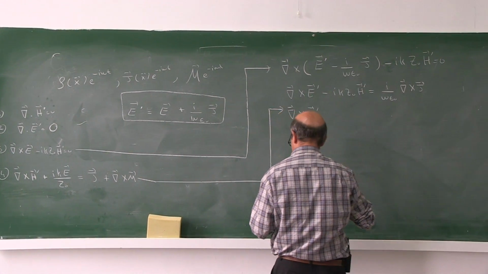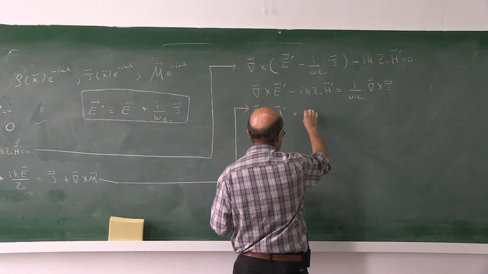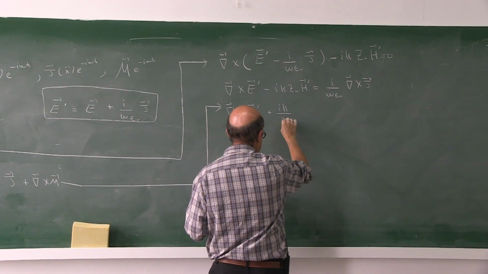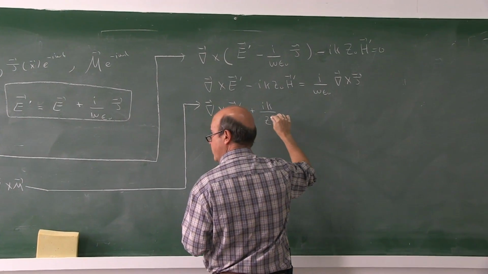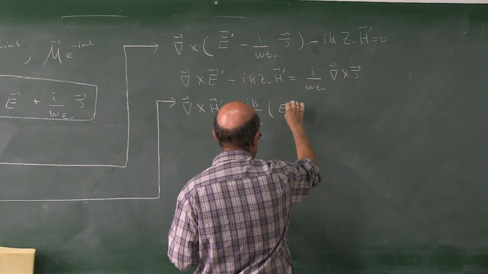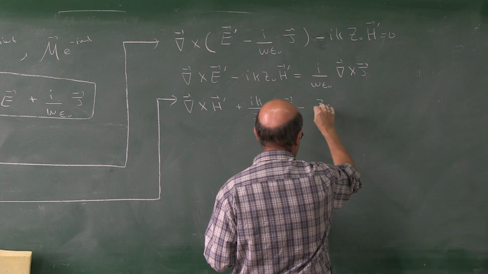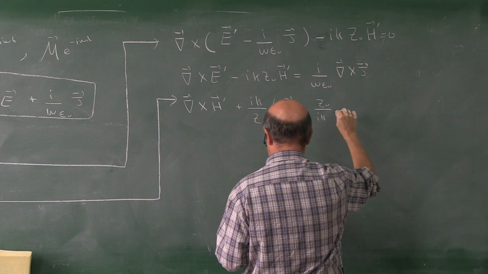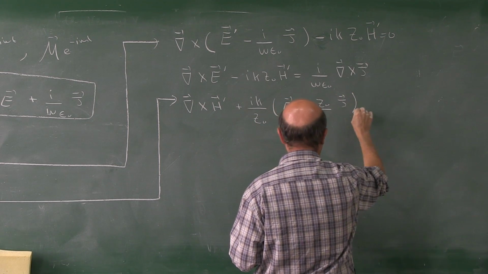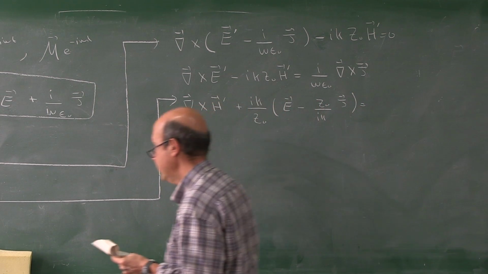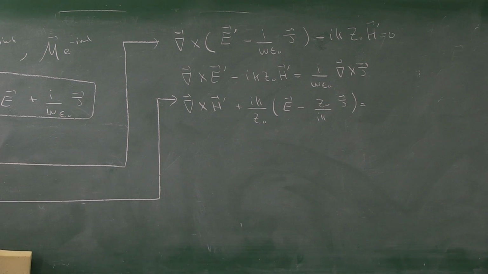Take the IK over Z0 parenthesis: plus IK over Z0 parenthesis, that will be E minus Z0 over IK current density. I take this to the left and take the IK over Z0 parenthesis.